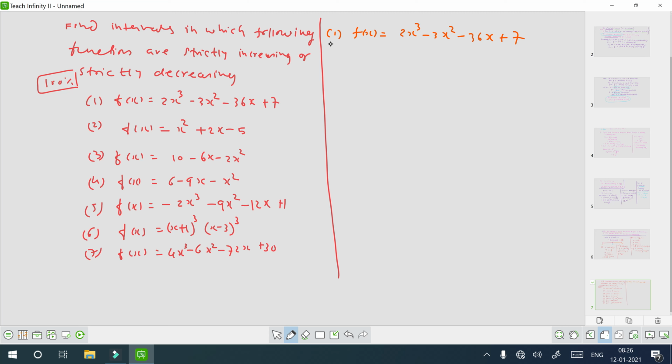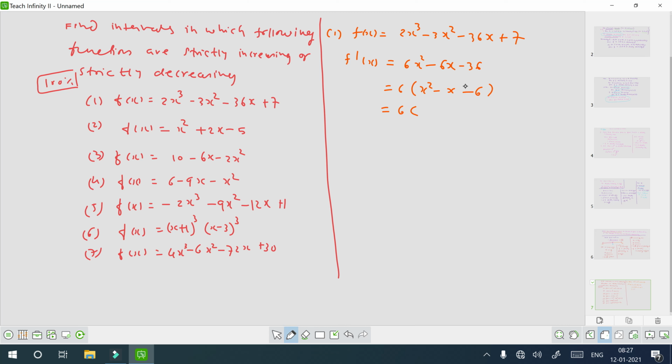Now see here, what is the derivative? f dash x is equal to 6x square minus 6x minus 36. 6 common, x square minus x minus 6.